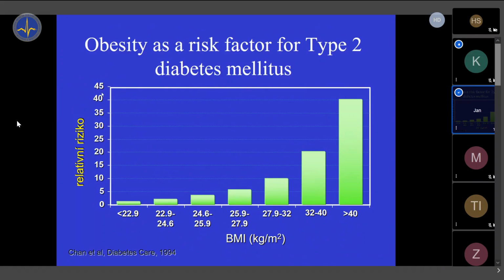You can see that the risk of developing diabetes is many times higher in the obese. If you are over 40 with a BMI in the severely obese range, you have about 40 to 50 times increased risk of developing type 2 diabetes. So it's not a few percent increased risk. Obesity is the primary causal factor for type 2 diabetes.